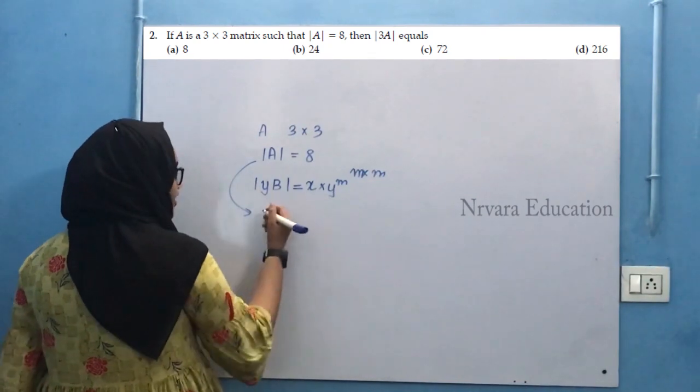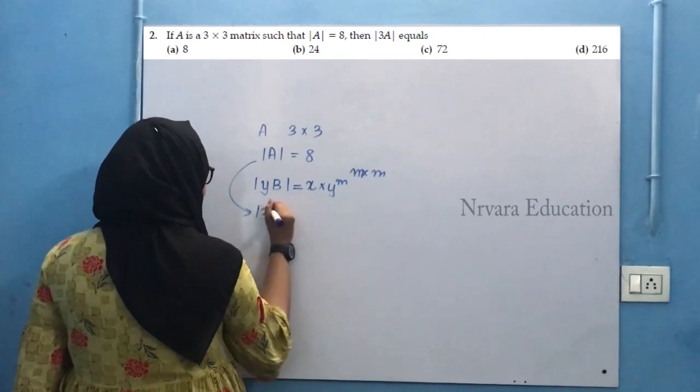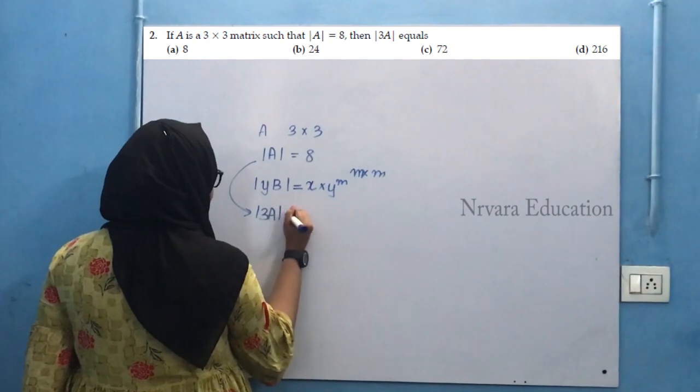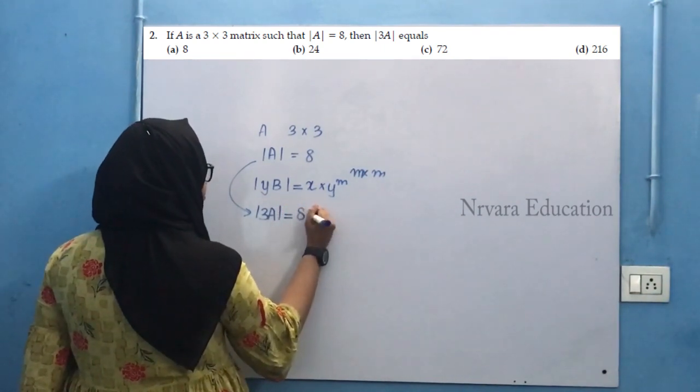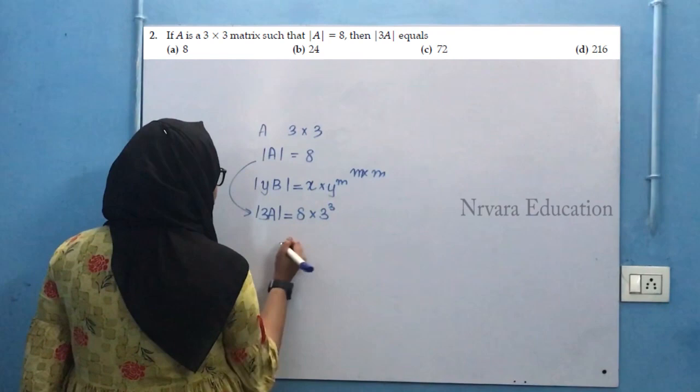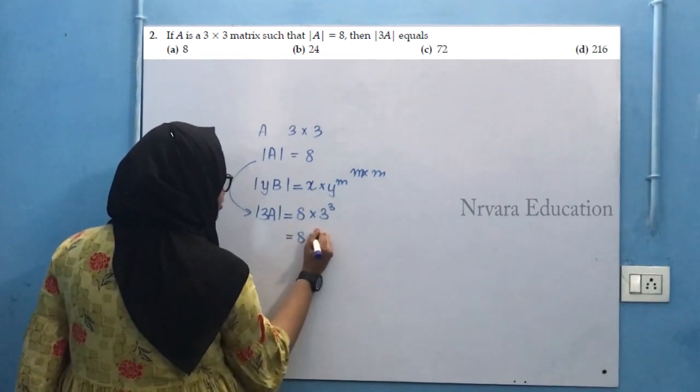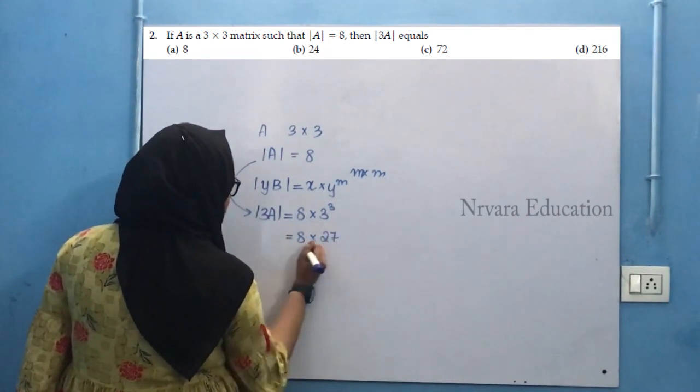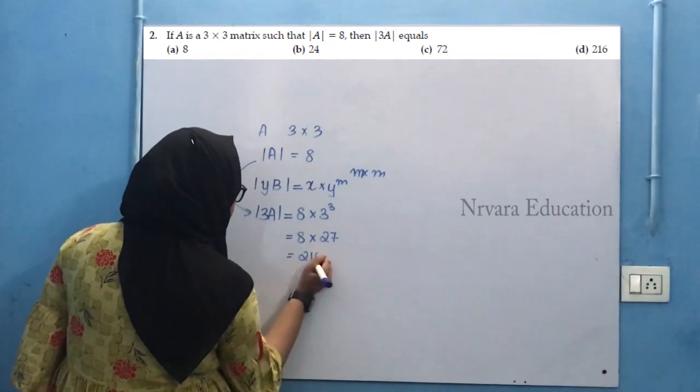So here similarly we can find the value of determinant 3 times A is 8 into 3 raised to 3, which is 8 into 27, which will be 216.